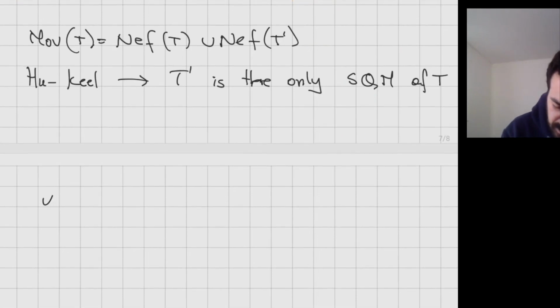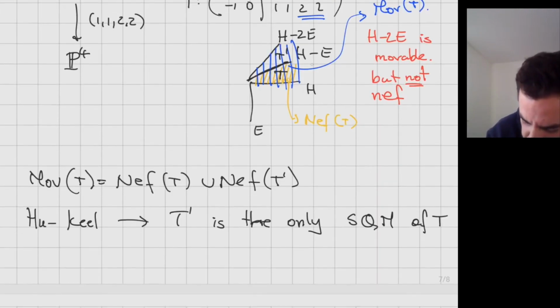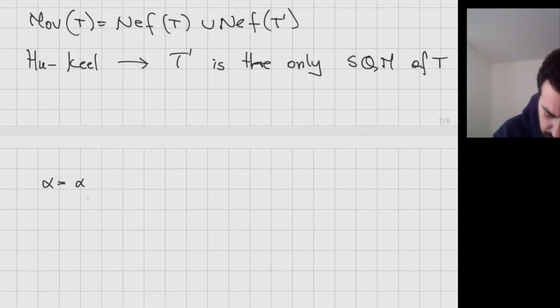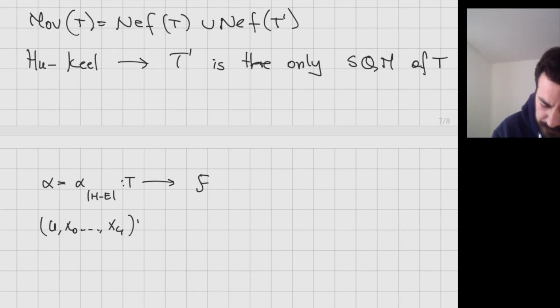So the contraction is given by this map alpha, which is given by the linear system corresponding to this wall, which is h minus e. Okay. So this is a map that goes from T to some variety F. Now, what is this something?